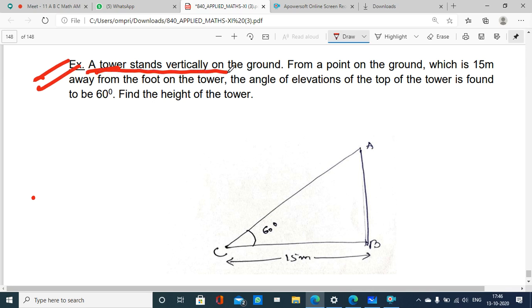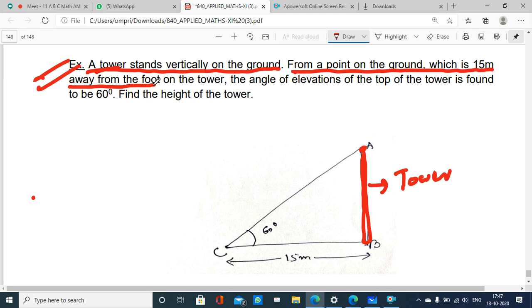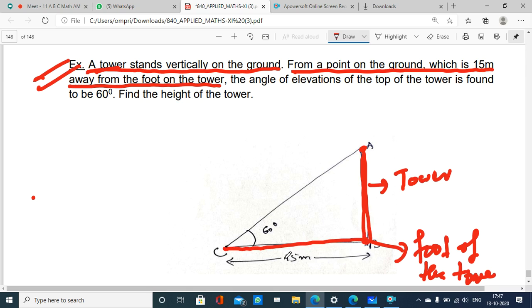A tower stands vertically on the ground. This is your tower, and this is called the foot of the tower. There is a point on the ground which is 15 meter away from the foot of the tower.